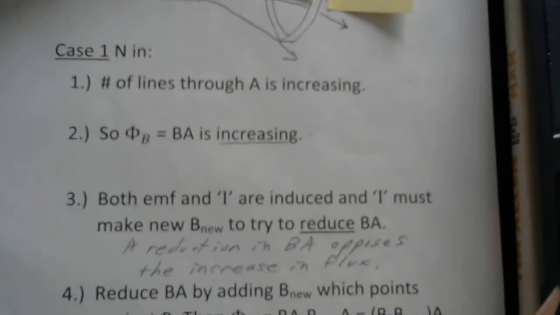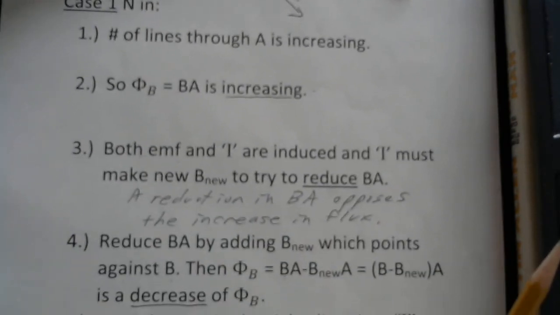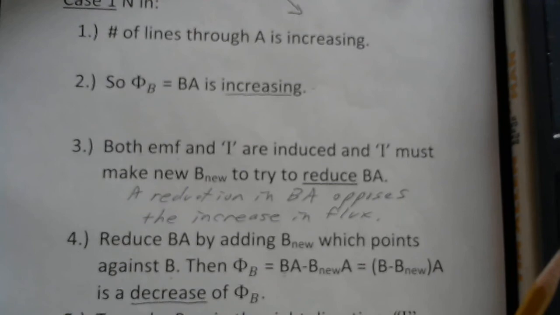So how do we do that with the new magnetic field that is going to be made? We want to reduce the amount of magnetic flux by adding in a new magnetic field which points against the direction of the original magnetic field.